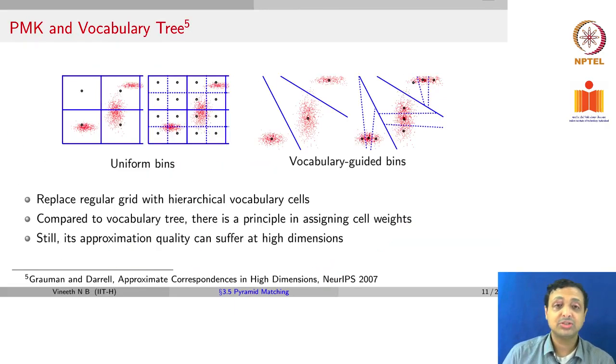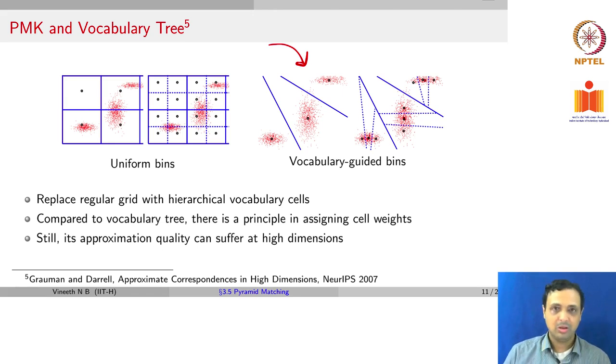One could extend this. Instead of dividing R^d into a uniform grid where you count how many features are lying in each grid cell, you could also cluster all your features and do it based on a vocabulary. Until now, in the method that we discussed, the histograms need not have been based on a vocabulary.